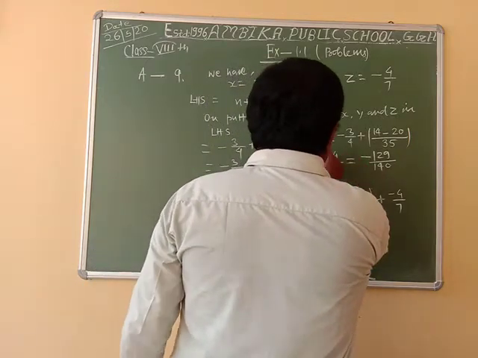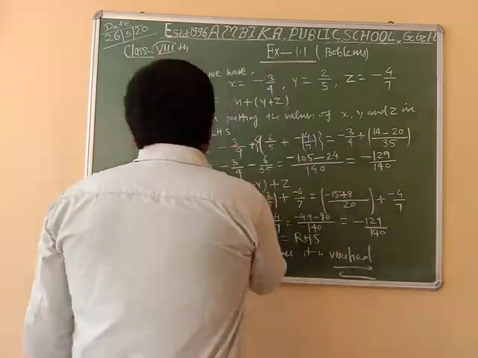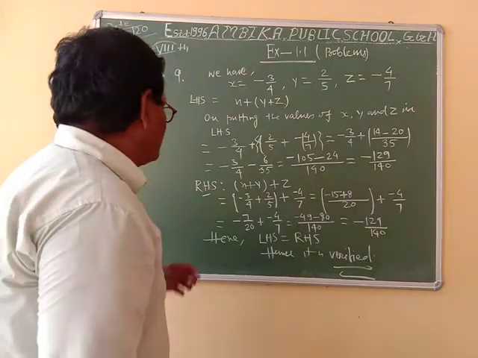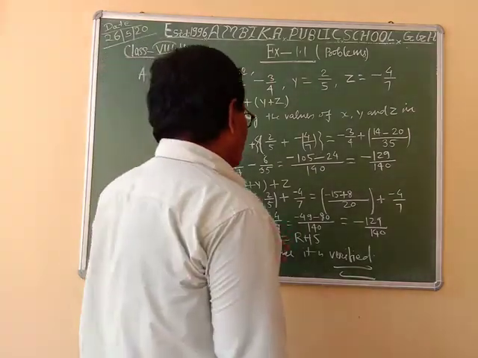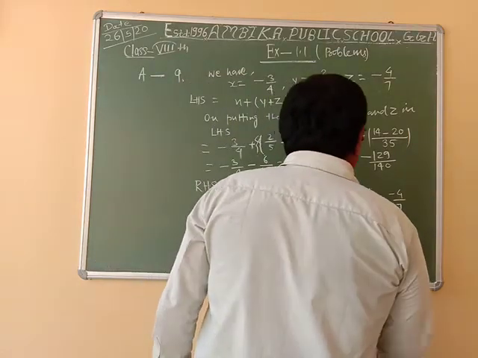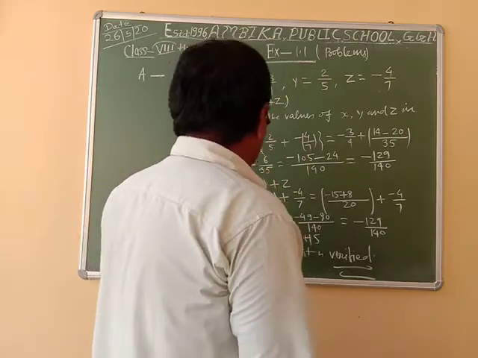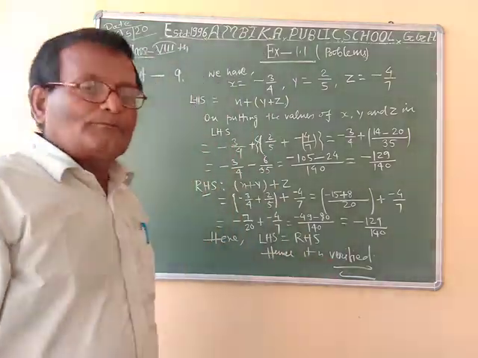Solving, adding, we get minus 129 by 140. Also putting the value of x, y, z in RHS and solving, we have minus 129 by 140. Here we see that LHS is equal to RHS, hence it is verified.